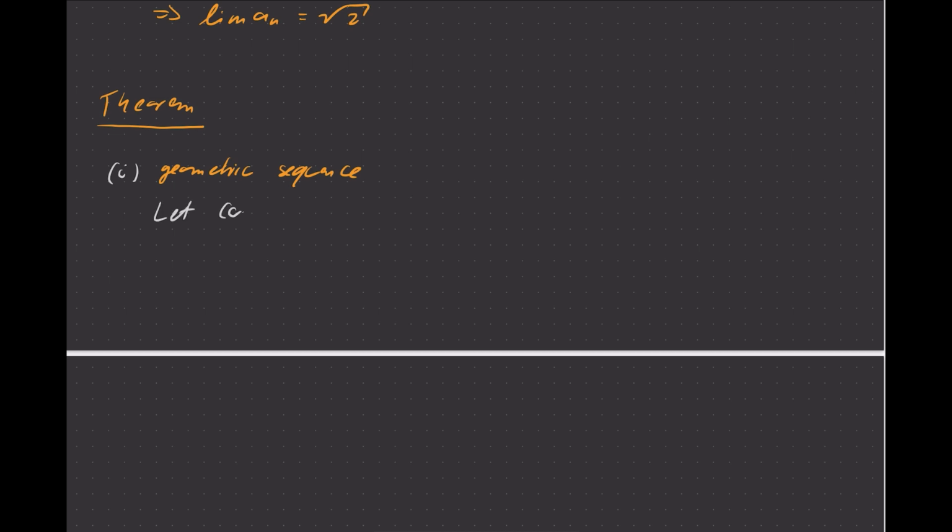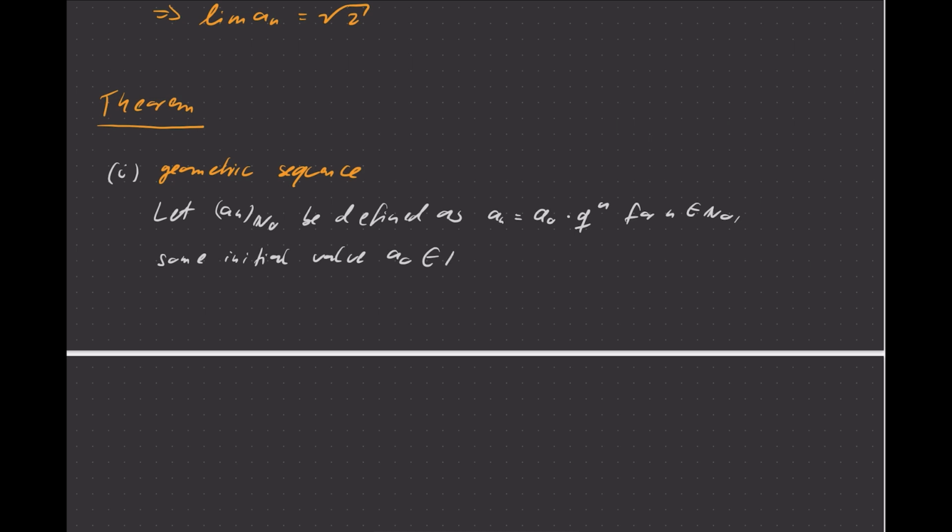That's a sequence (a_n), n in N_0. Let that be defined as a_n equals, let's say, some a_0 times q to the n for n in N_0, for some initial value a_0, let's say that value is in R and not the number 0, because that would make for the constant 0 sequence.